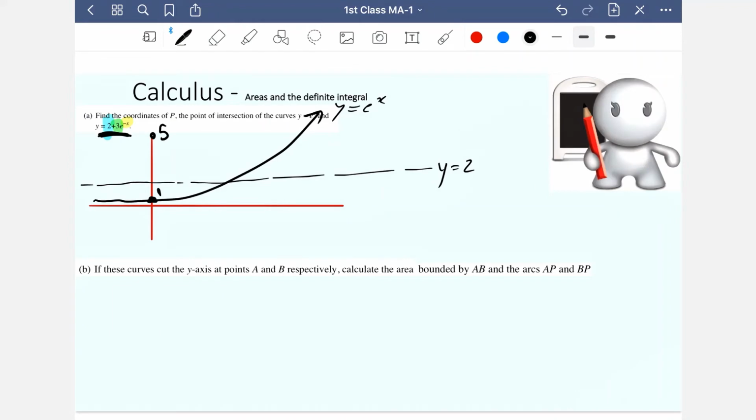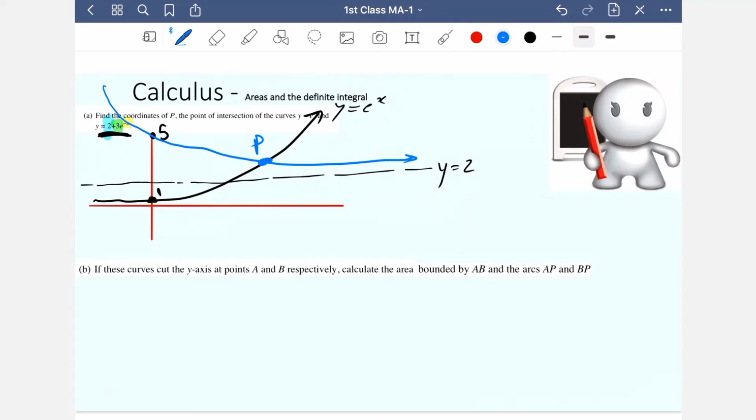Okay, so this function in blue is going to be something like this, and this is p. Alright, so now it's asking us to find the coordinates of p.